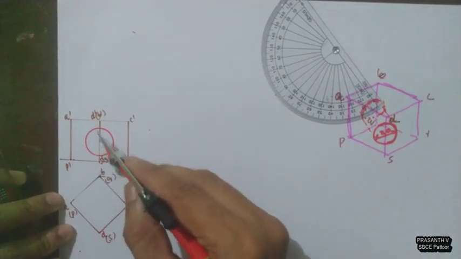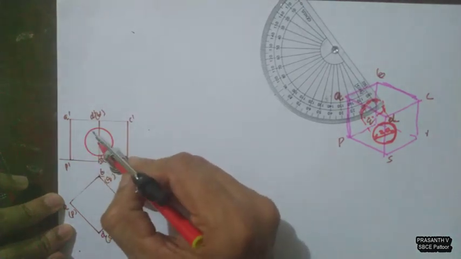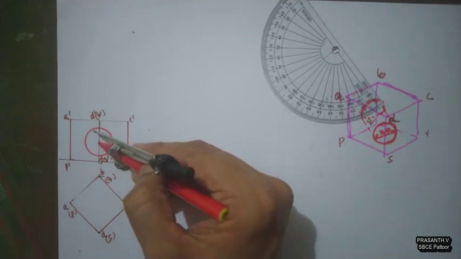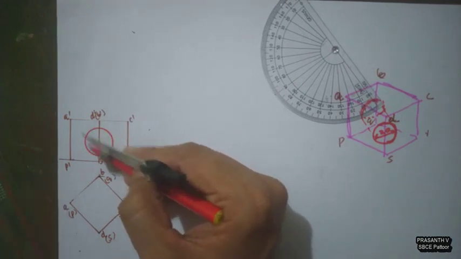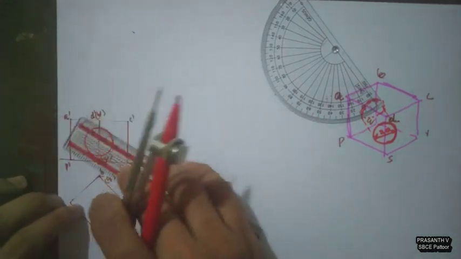After drilling the hole, in front view we can see it like this through the exact center. So total height is 30 mm, so 1.5 centimeter. At that point, you just draw a circle with diameter 20 mm, radius 10 mm.